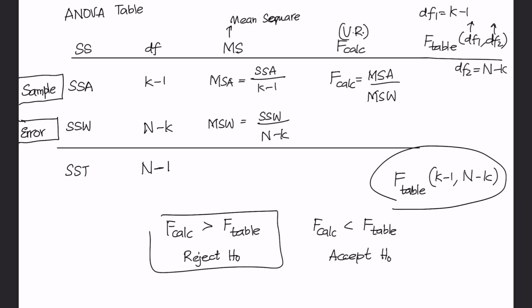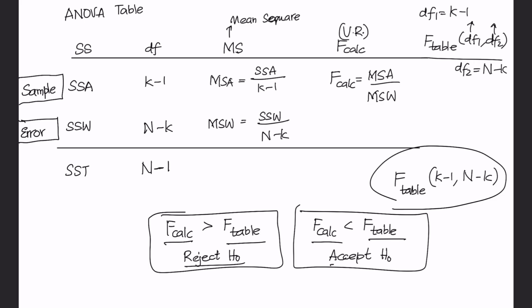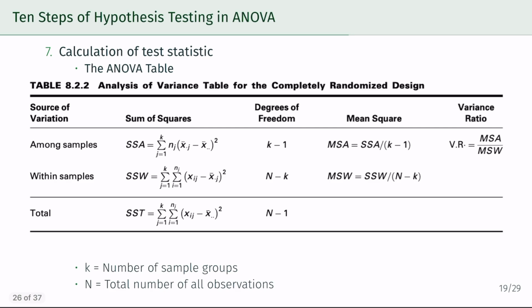We reject H0 if the calculated value is greater than the table value, and if the calculated value is less than the table value, we accept H0. So this is how you calculate the ANOVA table and how you write it down.